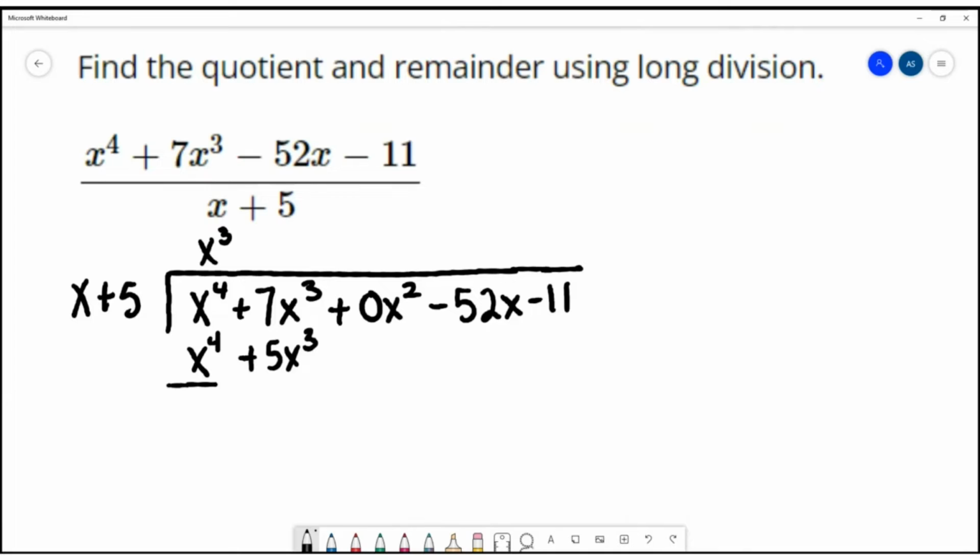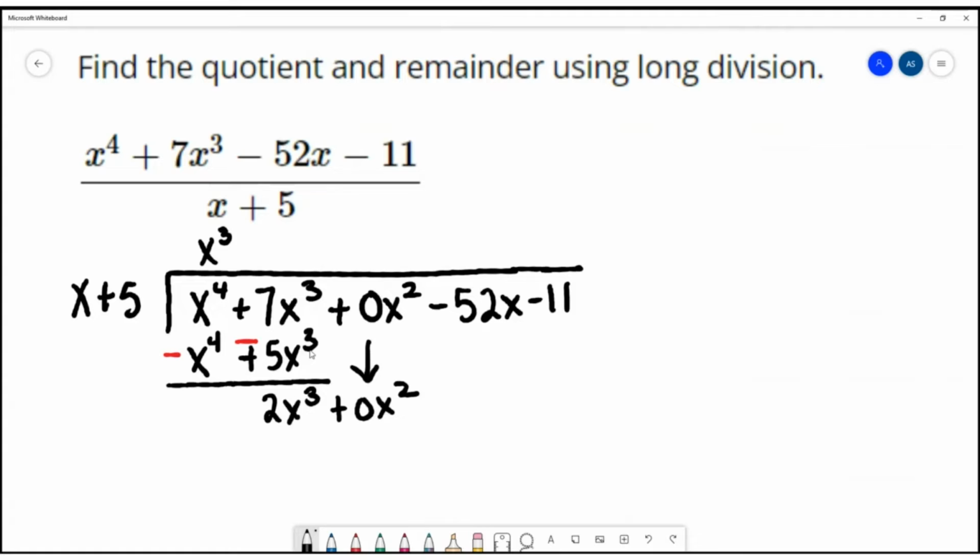Now, in the process of long division, on this step, we need to subtract. We're going to change the signs to do that subtraction. So both of those were positive, they became negative. Now we have x to the fourth minus x to the fourth. Those zero out. 7x cubed minus 5x cubed becomes 2x cubed. And I'll carry down my next term, 0x squared.